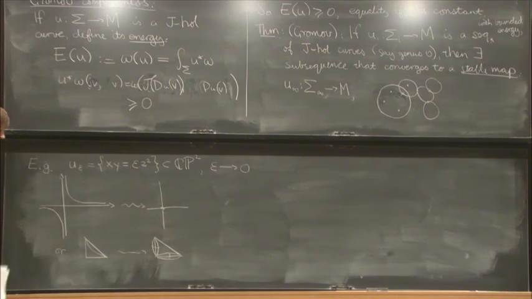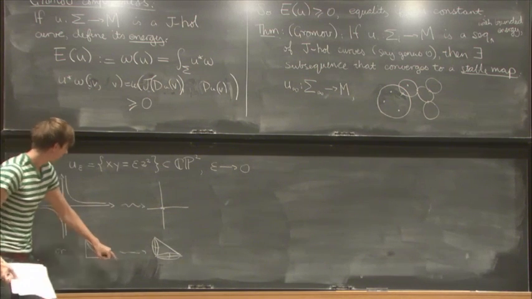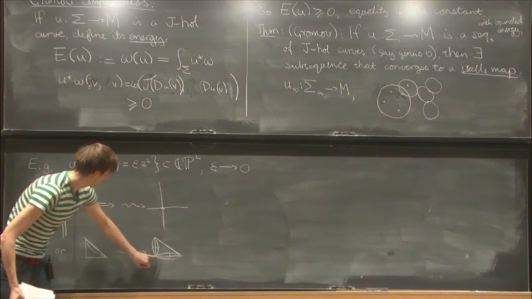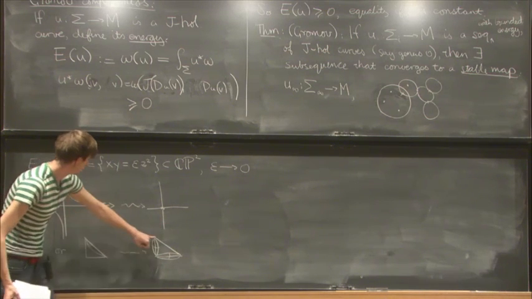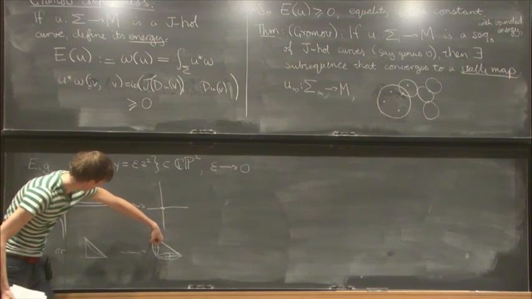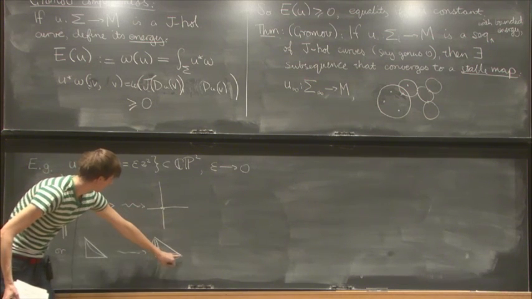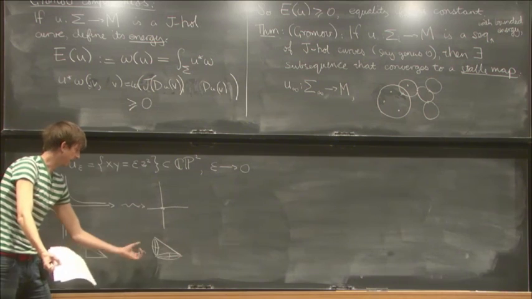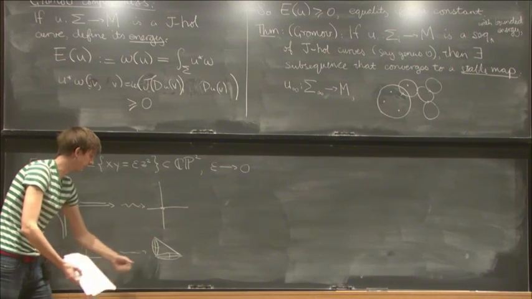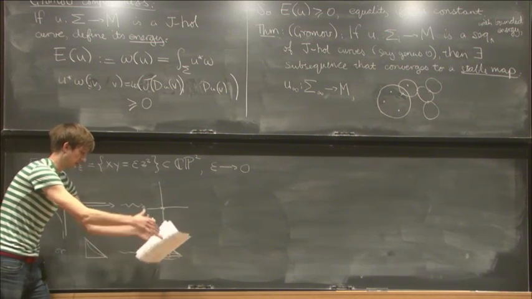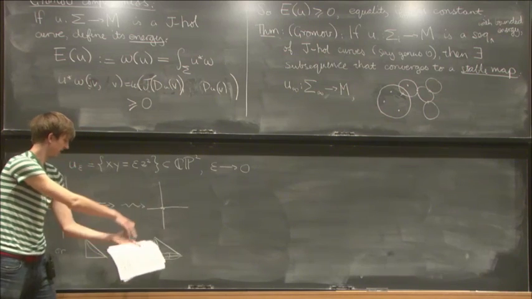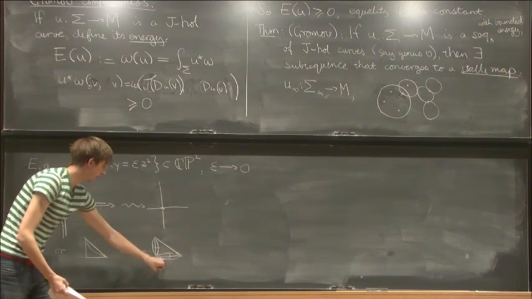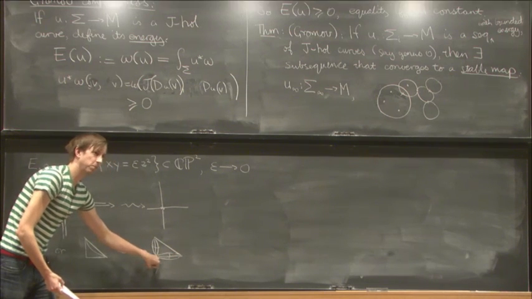It looks like this. So what Helmut was saying is if you remove this point and look at maps from CP1 minus that point, then on some compact subsets, including the origin, it's just going to converge to this one here with this point punctured.